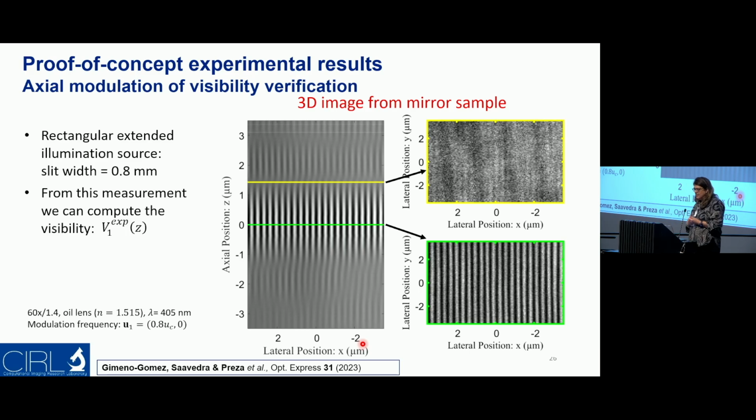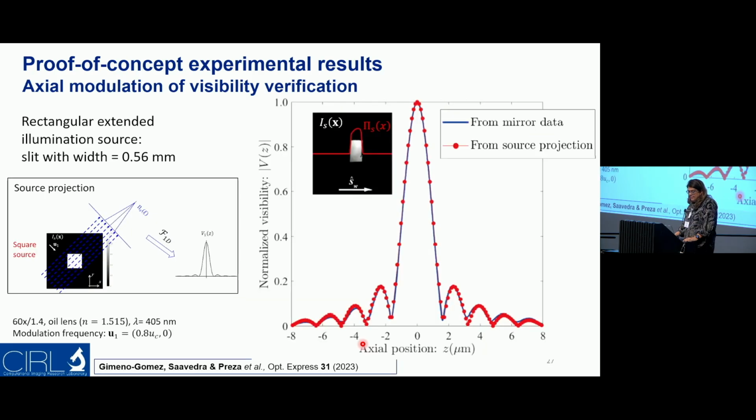This is experimental data that we got from a mirror. So you see, we verified the visibility function, and this is a way that it allows us to compute the visibility function from this mirror data, but also we showed that you can easily take an image of the source.